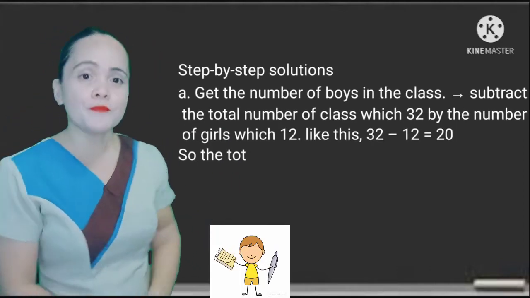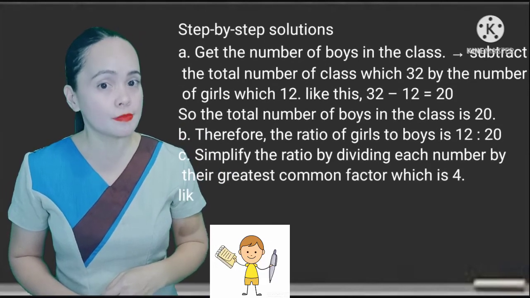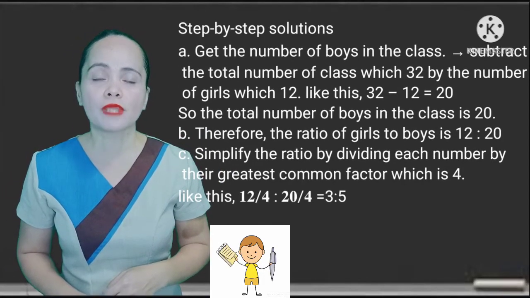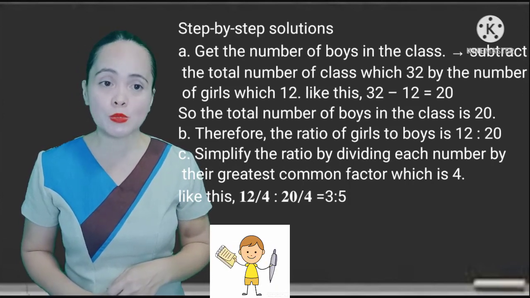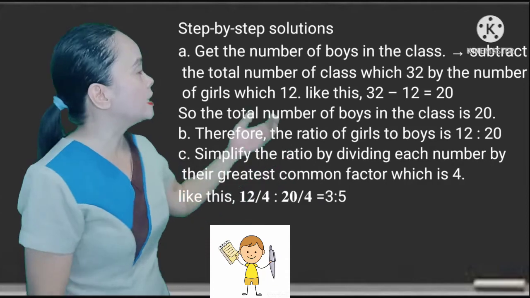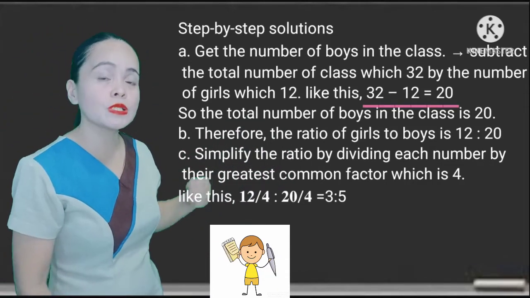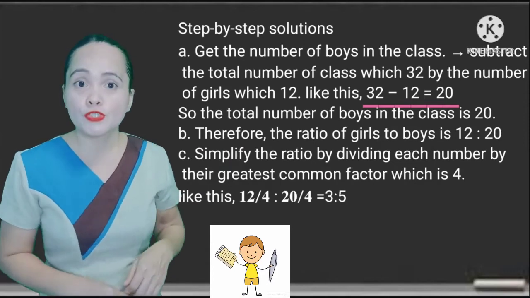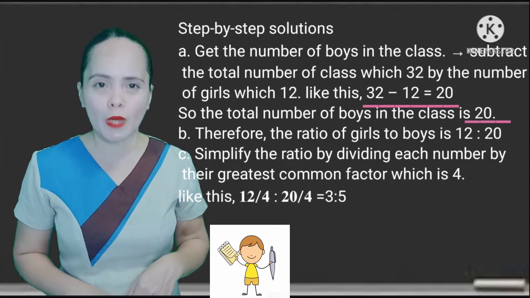For letter A, get the number of boys in the class. Subtract the number of girls, which is 12, from the total number of the class, which is 32. So, it will be like this. 32 minus 12 will give us 20. So, the total number of boys in the class is 20.